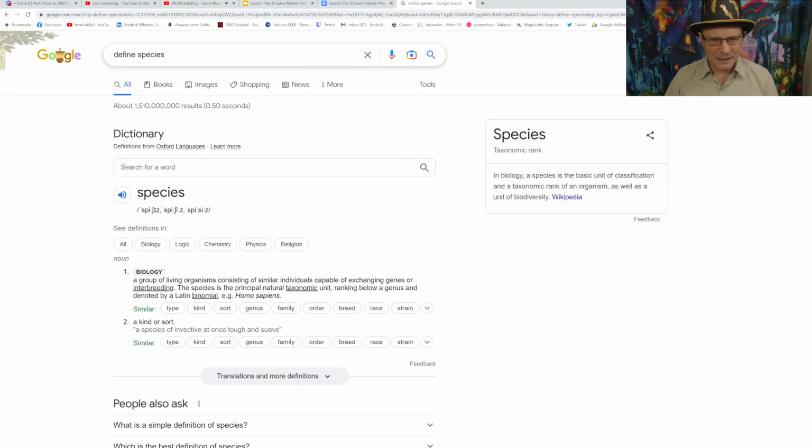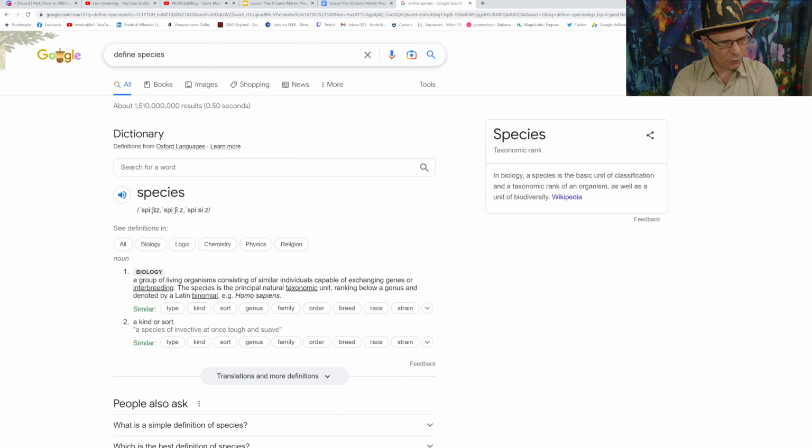But species, in biology, a species is the basic unit of classification and taxonomic rank of an organism, as well as a unit of biodiversity. Okay, so that's one thing that we've got here. What else is there?